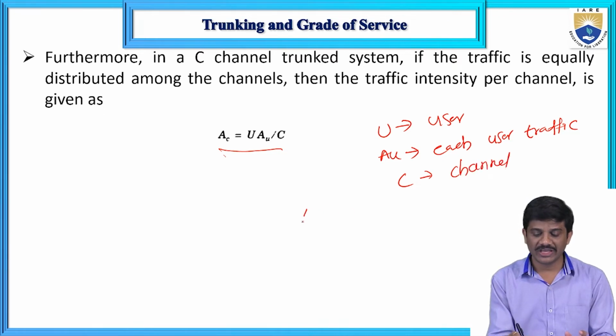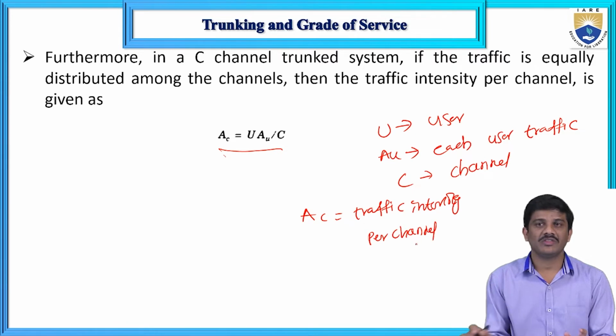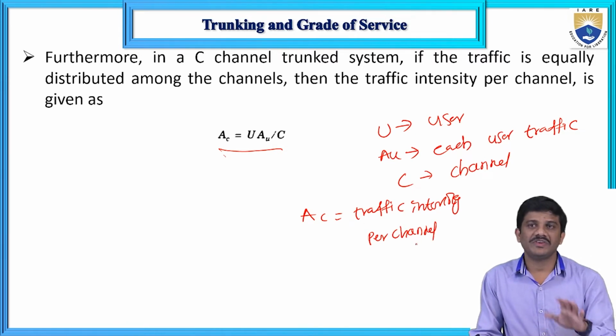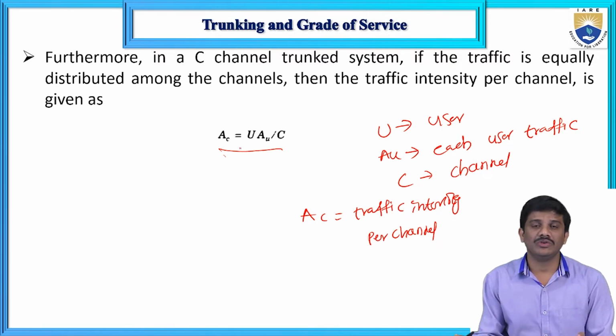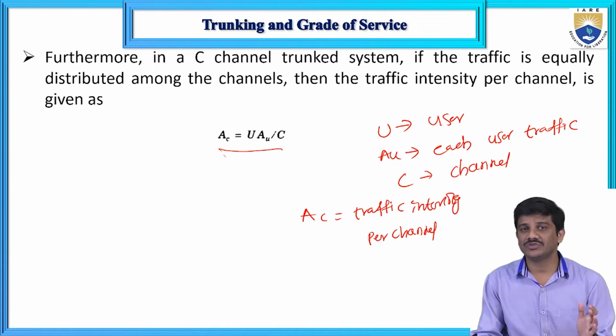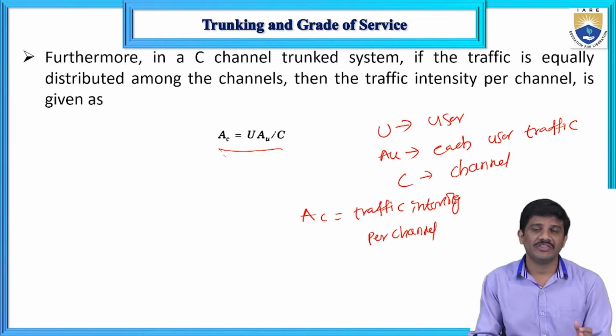That means AC is the traffic intensity per channel. Here we use U into AU by C, that is the number of users times each user's traffic, divided by the total channels. Then we can find out the traffic intensity per channel.